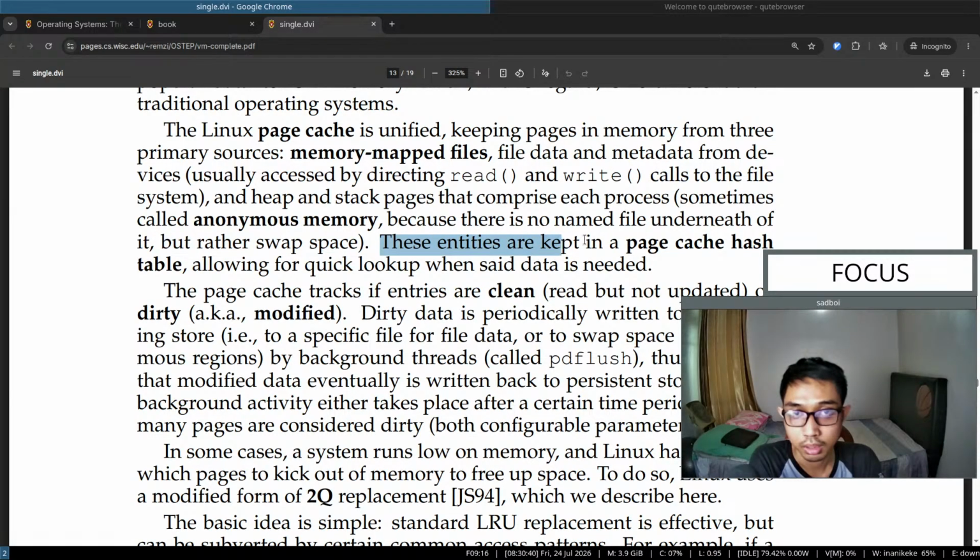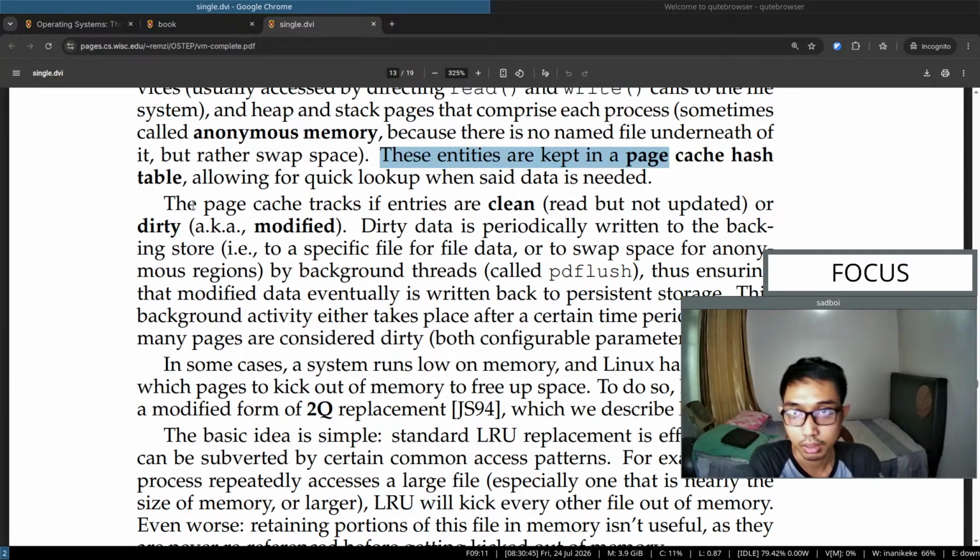These entities are kept in a page cache hash table, allowing for quick lookup when said data is needed. The page cache tracks if entries are clean, read but not updated, or dirty, also known as modified.